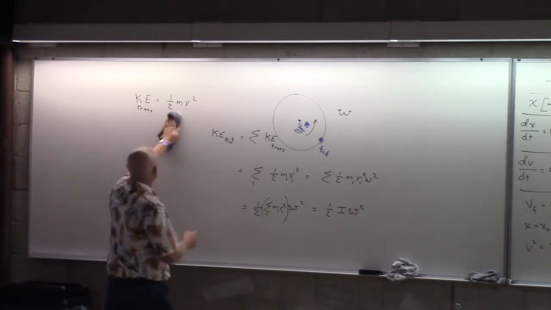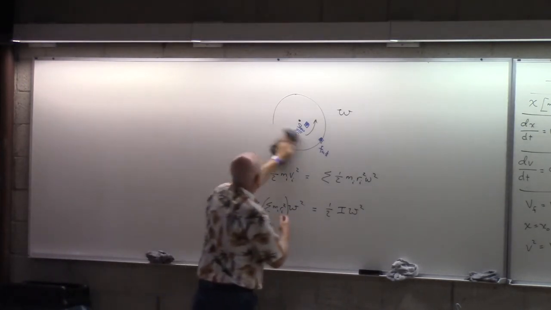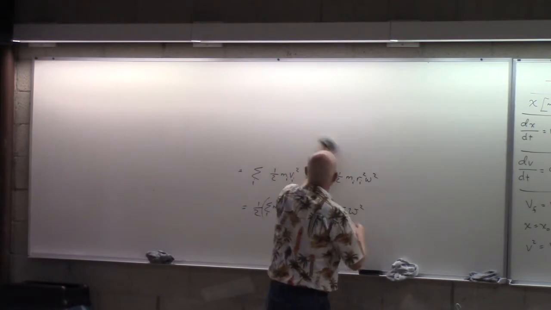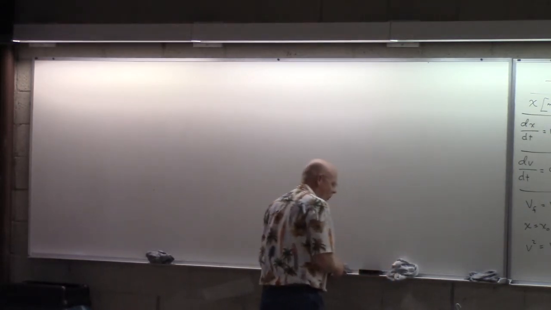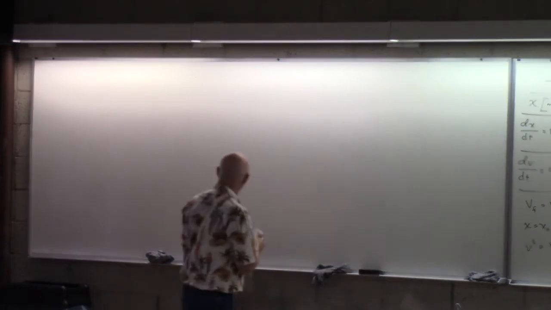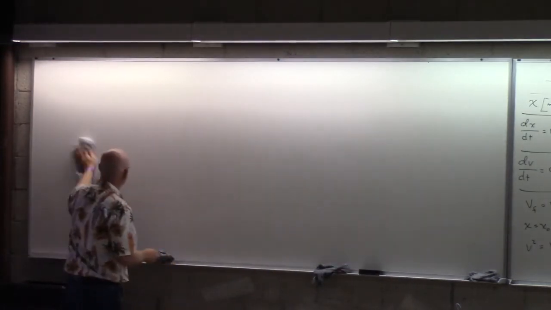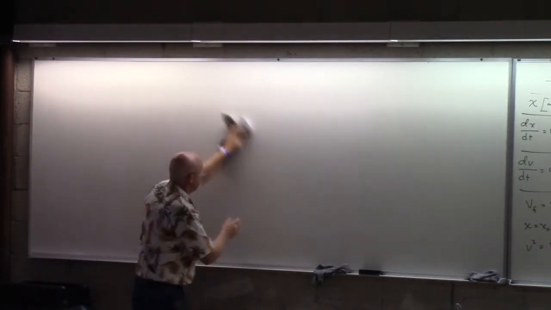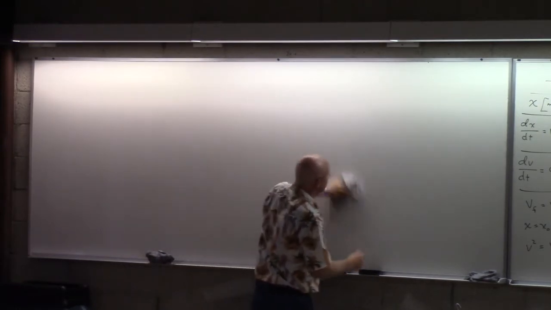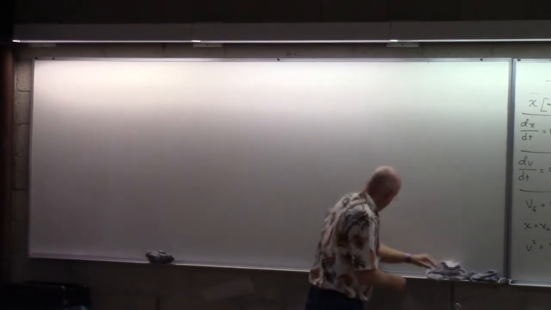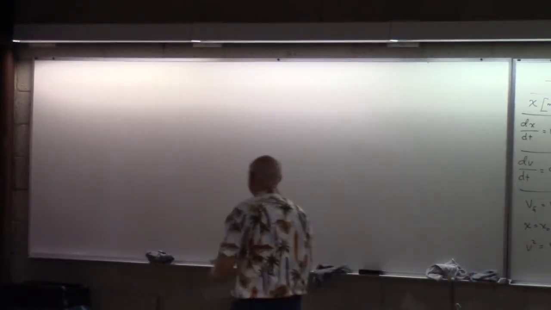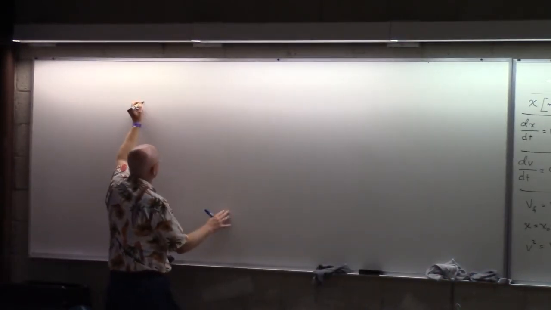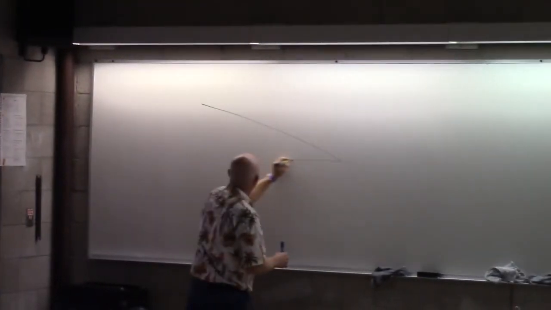Now, maybe another example would be helpful here. Why don't I go back to this rolling down the hill piece? Let's say that I have a situation where something is on top of a hill. So I'll give a little hill, a little incline.